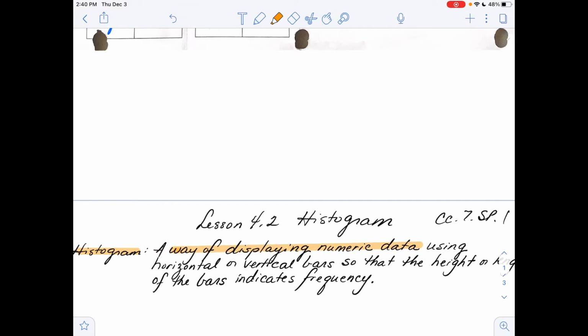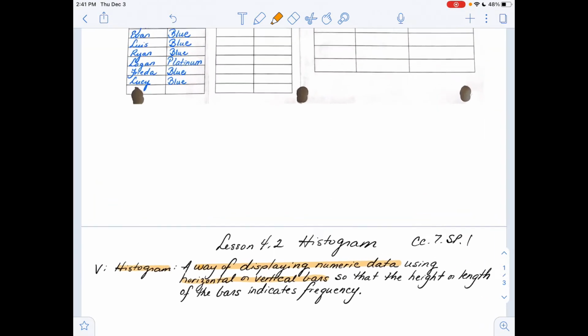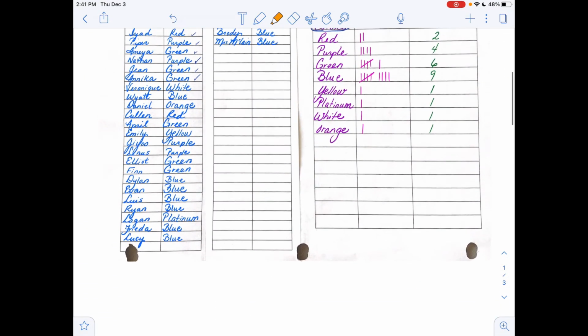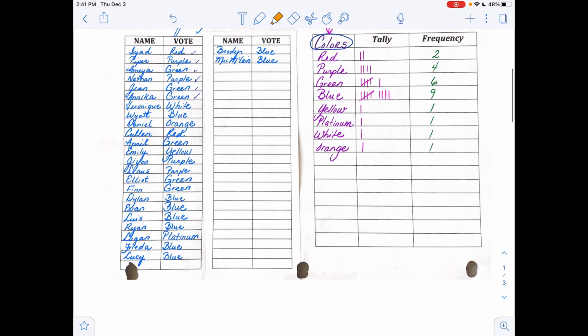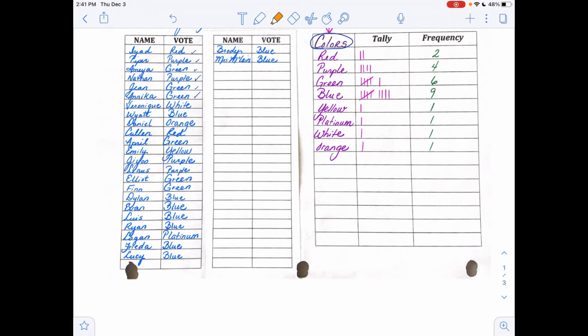How I'm going to display it is I use horizontal or vertical bars, the heights, to show me the frequency. It's another way to display and get information quickly like that group frequency table. In fact, you're going to use that grouped frequency table to create the histogram.